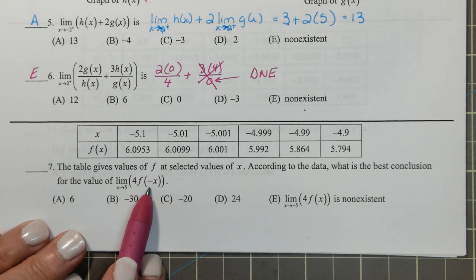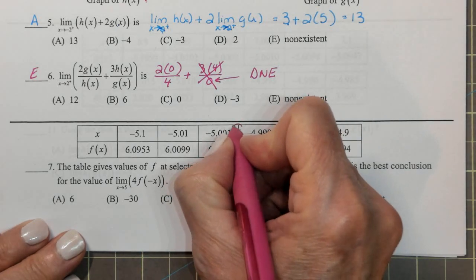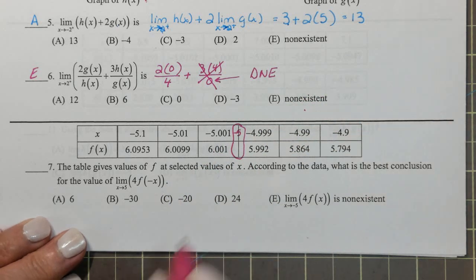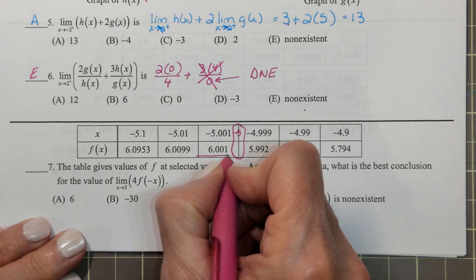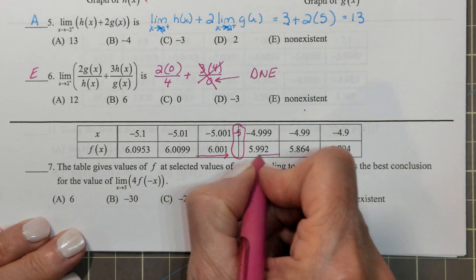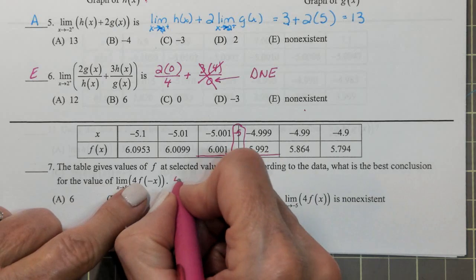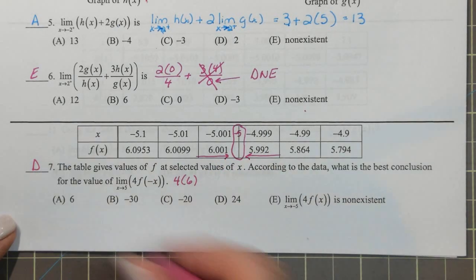Negative 5, right? Negative 5 would be right here. So what value is being approached? What is the f value right there? What are we getting closer and closer to? 6 on the left, 6 on the right. So this would be 4 times 6, 24.